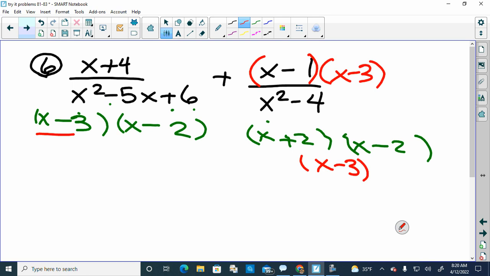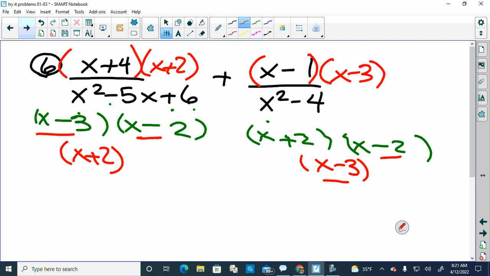Okay, so now they both have an x minus 3. This one has an x minus 2. This one has an x minus 2. This is missing the... Okay, good there. Okay, so now, just like this is, okay, we multiplied here, right?